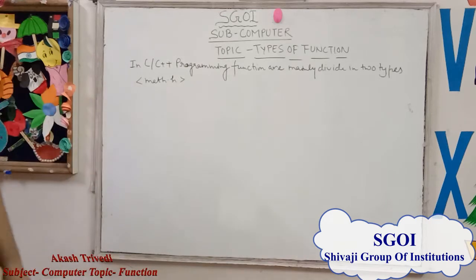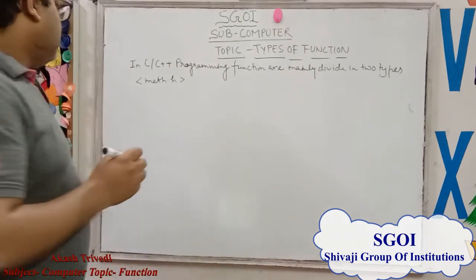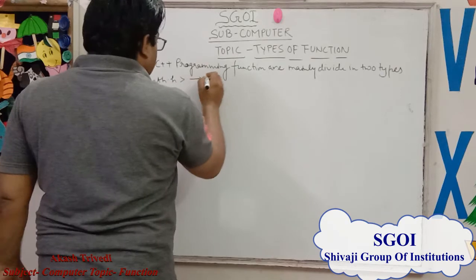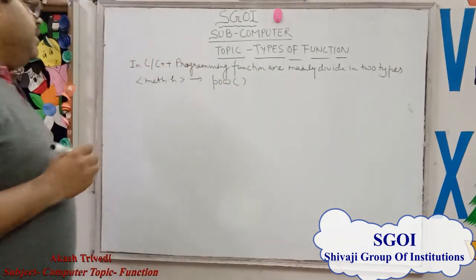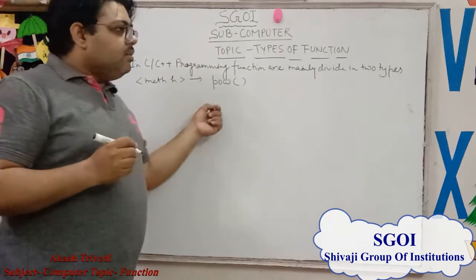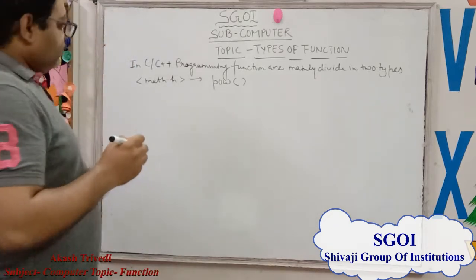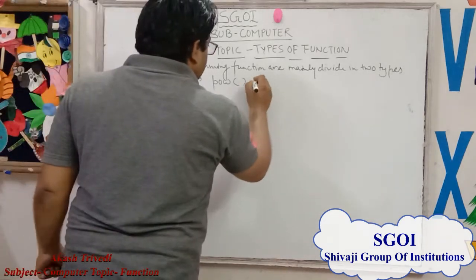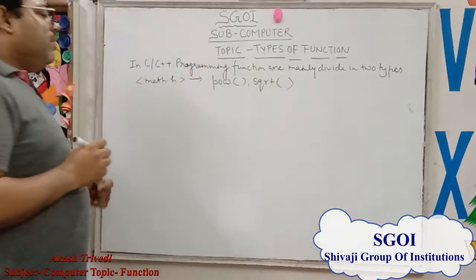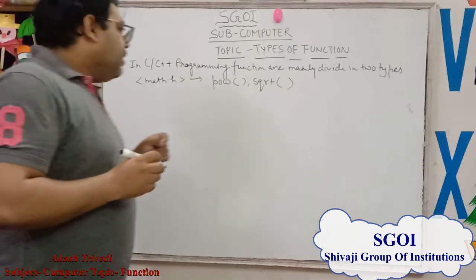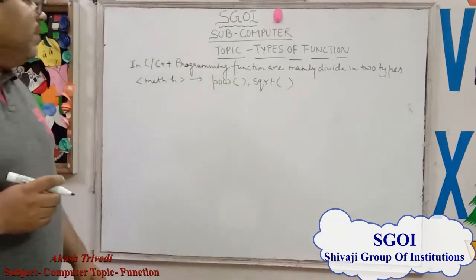Math.h is a header file where we can store a lot of functions like the power function, which calculates the power and returns the value. After that we use sqrt. It finds the square root of a number and returns the square root of that value.